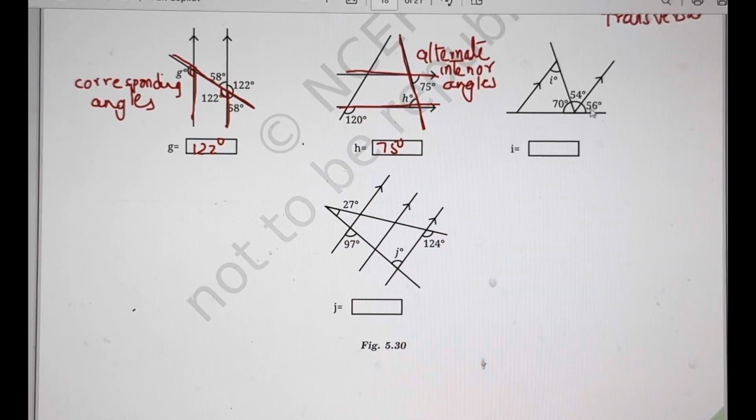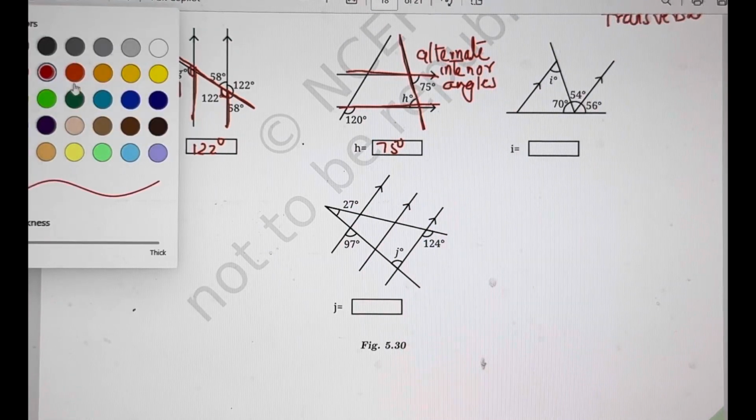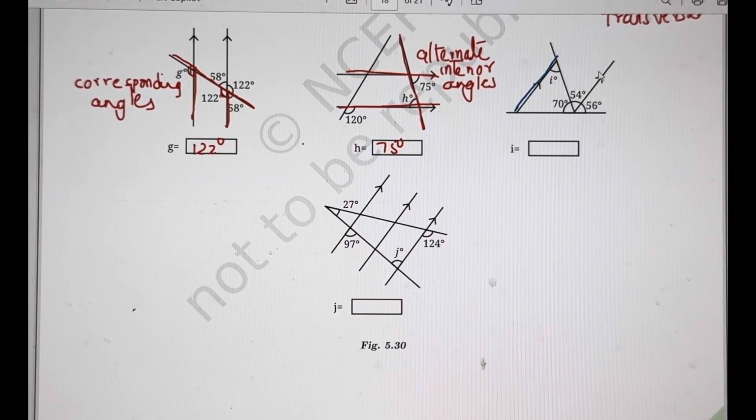Right? Now let us see question number I. So here again there are so many angles given, right? And we need to find out I. So first we identify, let me change the color. Identify the parallel lines. You can see the notation, this is parallel. And this is the transversal. Right?